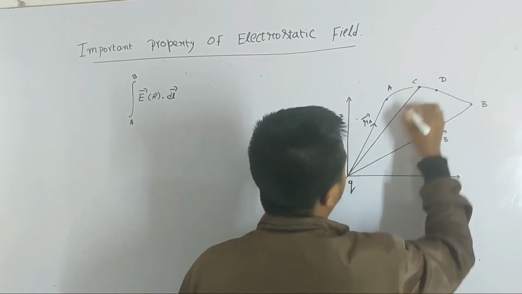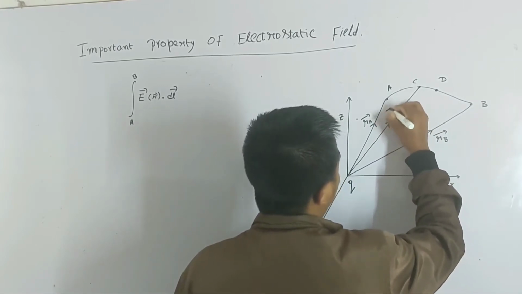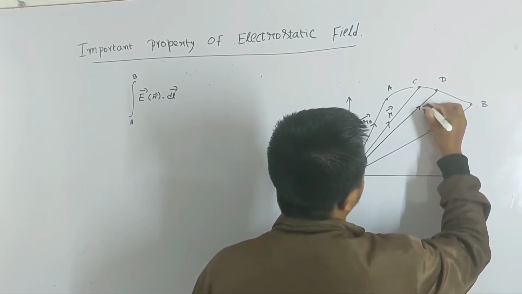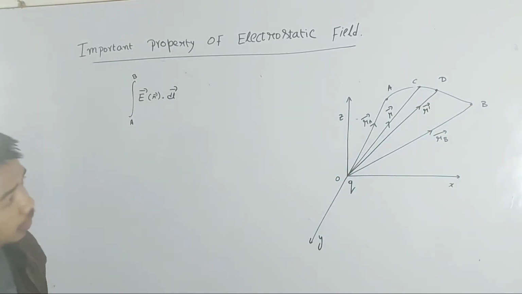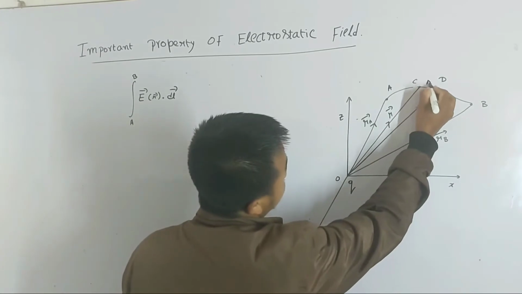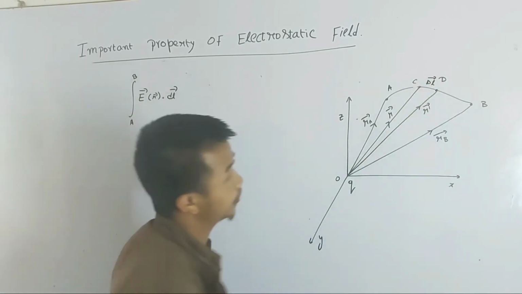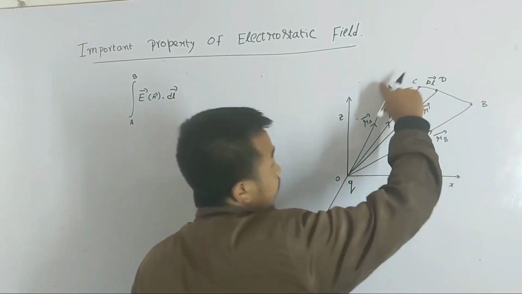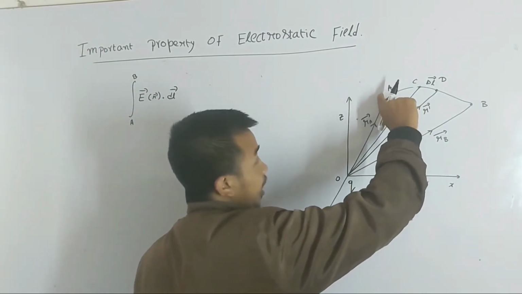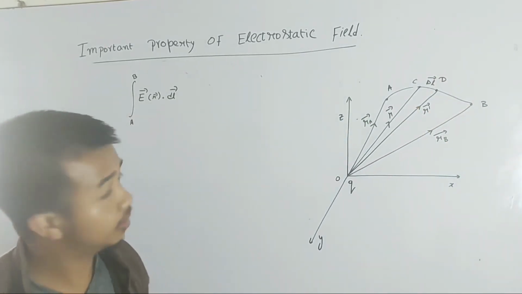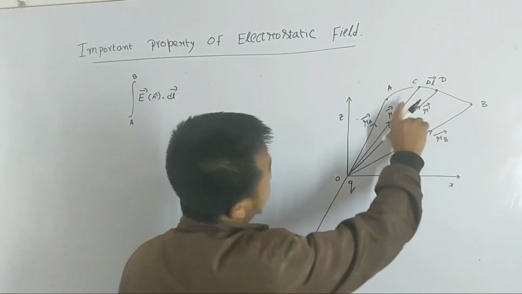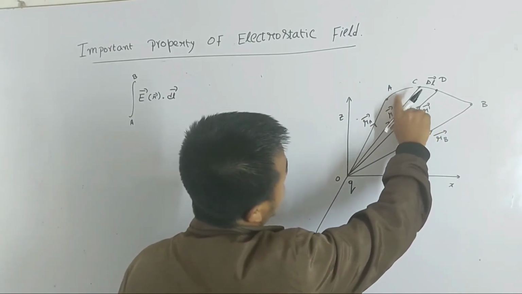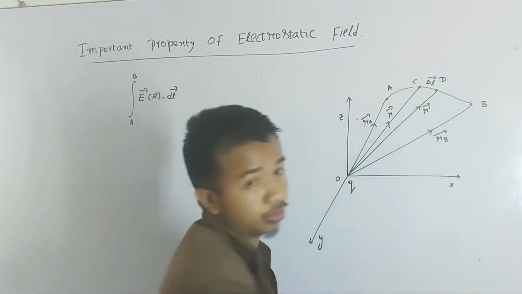Let the position vector of C be R and the position vector of D be R dash. From here to here it is delta L. Remember that we have divided AB into a very large number of intervals, but for simplicity I mark only three intervals: A to C, C to D, and D to B.